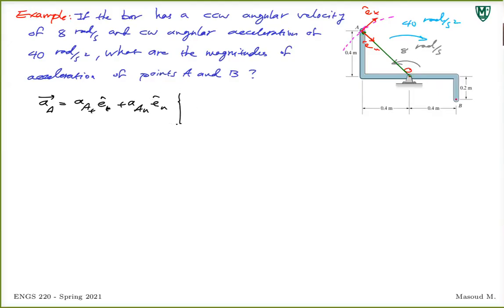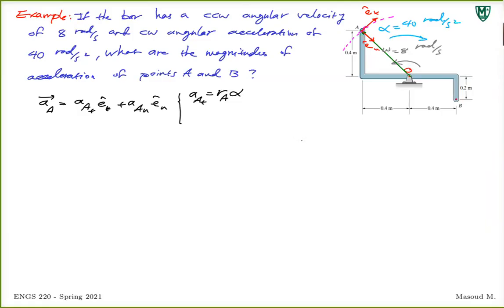Now for a_t, you'll get r_A alpha, alpha for the whole bar. I put alpha and omega without specifying point A, because every point on this bar has the same angular velocity and angular acceleration.